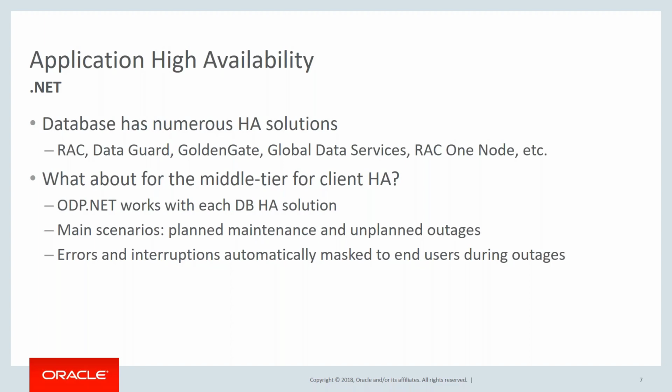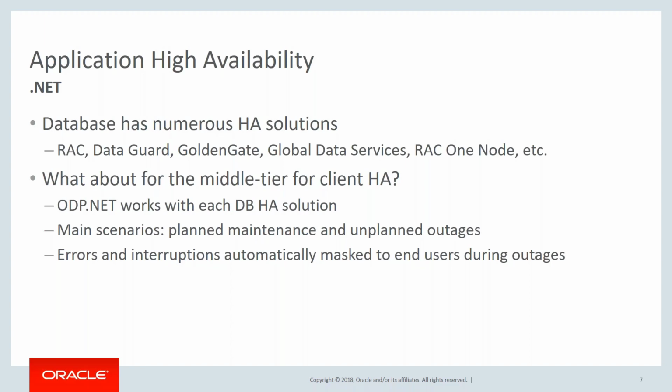Data Guard is our disaster recovery solution at Oracle, and it provides the ability to have a backup database server that can turn active as soon as it finds the primary has gone down. GoldenGate provides replication. Global Data Services I'll describe in a little bit, but all these are high availability database solutions, and ODP.NET works hand in hand with each one.